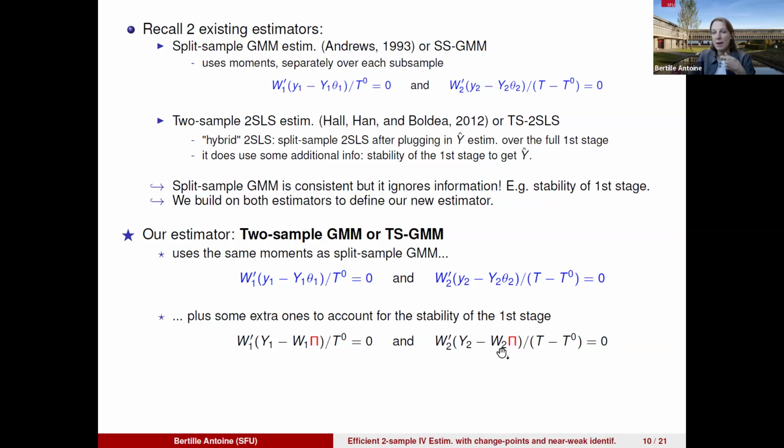This is how I am imposing my stability. So why do I need two sets of moments? Effectively, I am now doubling the set of moments from the first stage, whereas the two-sample 2SLS was using the full set of moments.